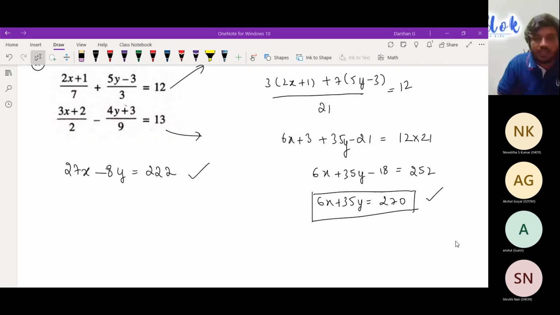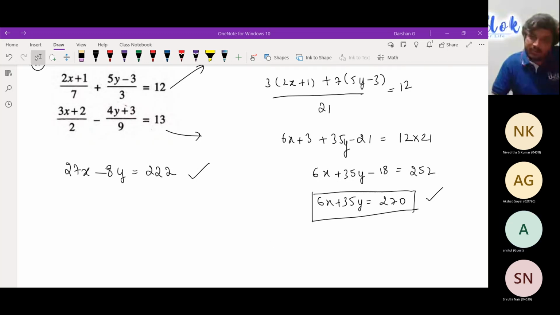So I'll be asking which method you guys like. Nivedita, which method do you like, out of all the three? Elimination or cross multiplication. The first one is very complicated. Okay. What about Anshul? Sir, elimination.